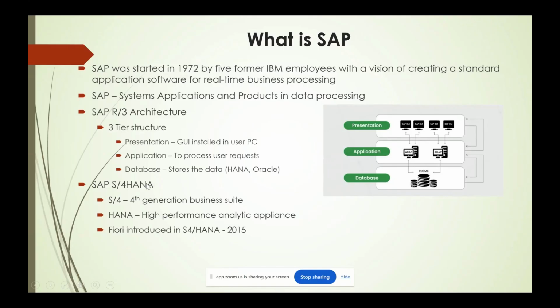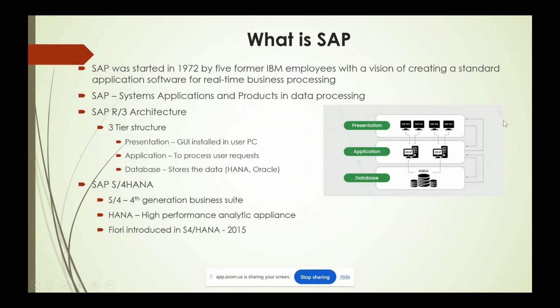HANA is a database offered by SAP, and S is a suite, meaning a total package. In 2015, SAP introduced S4 HANA as well as the Fiori application.